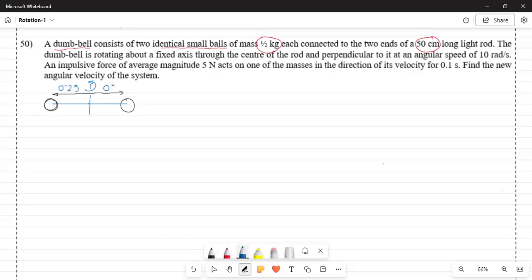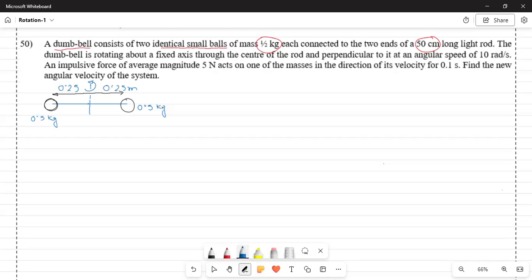This is also 0.25 meter. And it is also said each of the masses is half kg, that means 0.5 kg. This is also 0.5 kg. Good. So this is the dumbbell.